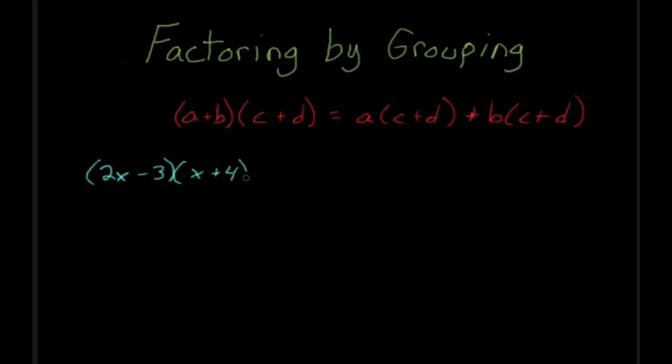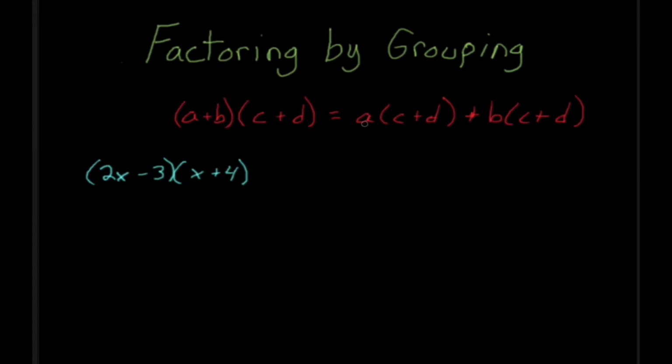Now, the reason I've written this property up here is because this is the property we derived a couple of lessons ago when we learned how to multiply polynomials. It basically states that if you have a binomial a plus b and you're multiplying it by c plus d, what you're really doing is just distributing the terms from the first polynomial to the terms in the second.